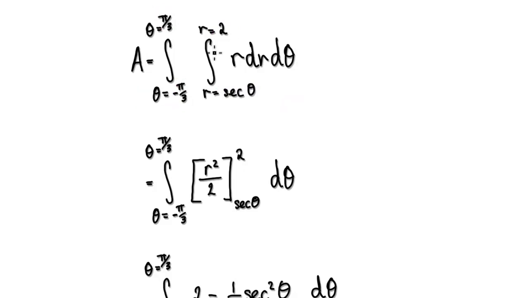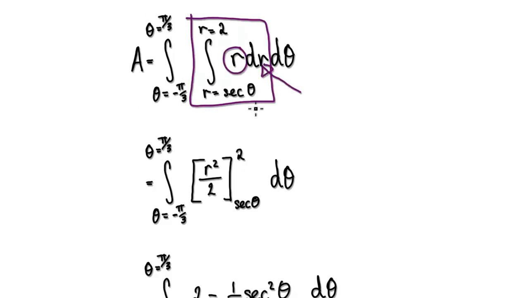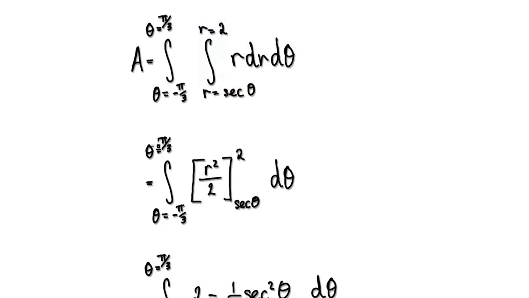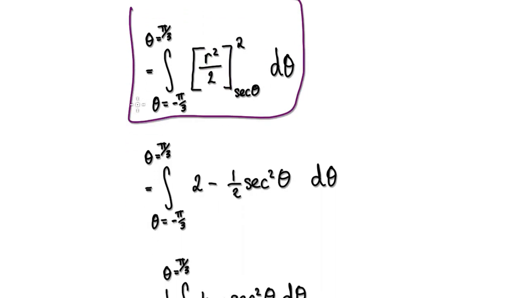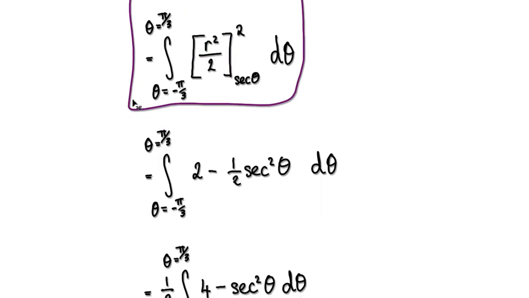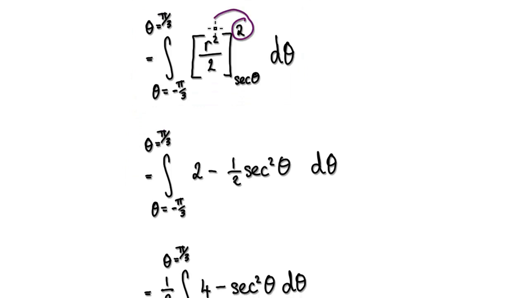Now, looking at the inner integral, we need to integrate r with respect to r. Integrating this would be this, from a radius of secant theta to a radius of 2. So that will then take us to here, and then we would put this into here.